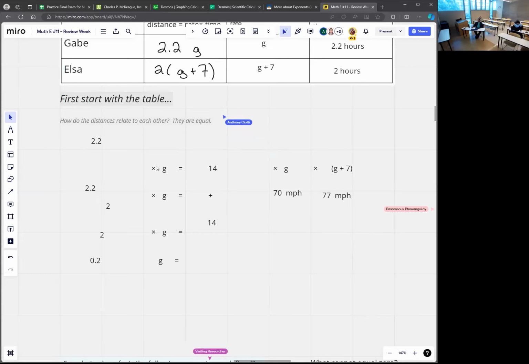Again, you're starting with 2.2 times G equals 2 times quantity G plus 7. So something like that. Okay, you do the rest.